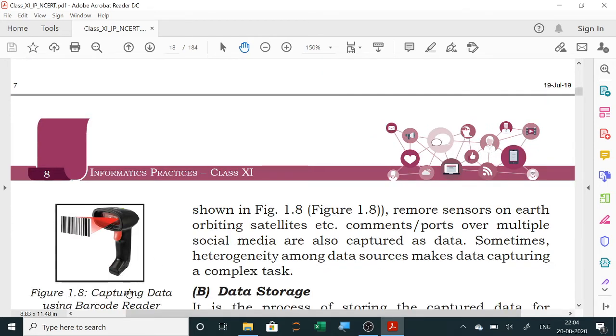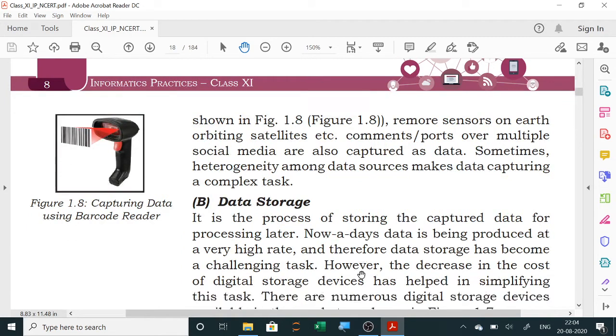Here you might have seen in shopping malls, big bazaars, a barcode reader which reads the barcodes. Remote sensors on earth orbiting satellites, etc. Comments and posts over multiple social media are also captured as data. So there are many different methods to capture data. Sometimes heterogeneity among data sources makes data capturing a complex task.